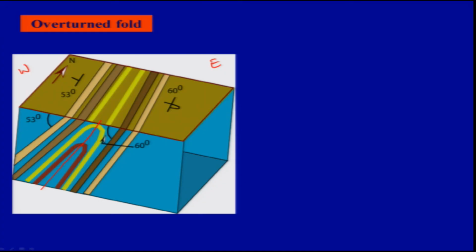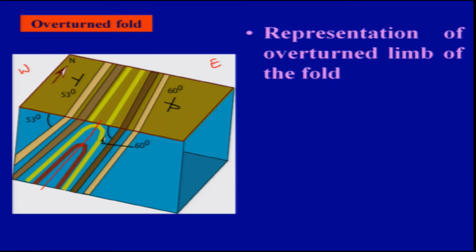What we look at here is the top view, where all the beds are just horizontal lines, but we don't know whether they are dipping or not. For that we need to see the sections at some places, which is very important.